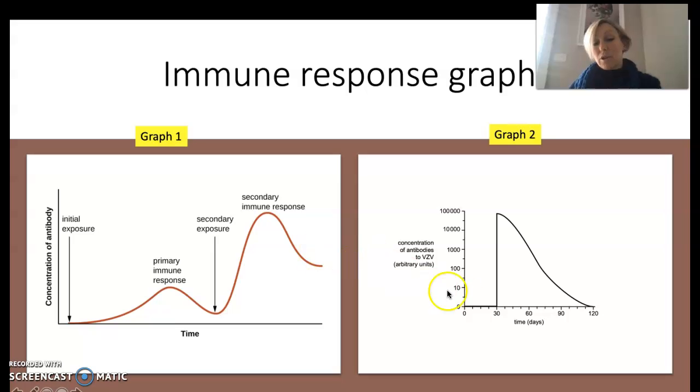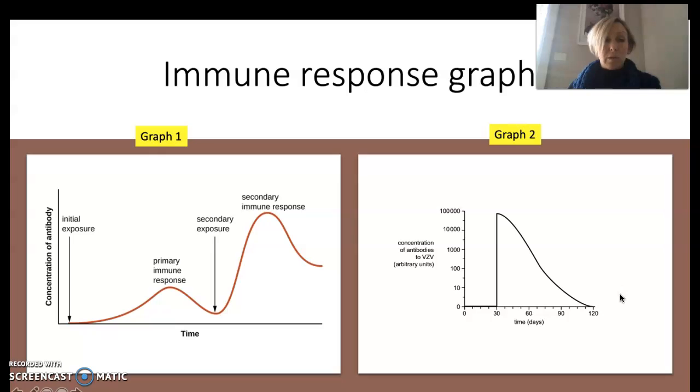Then in graph 2, have a look at this and actually tell me what you think is happening. So here we've got, have a look at the antibody levels in the first 30 days. What's happening, do you think, at this point? And then describe the change over the following 90 days, from 30 to 120.